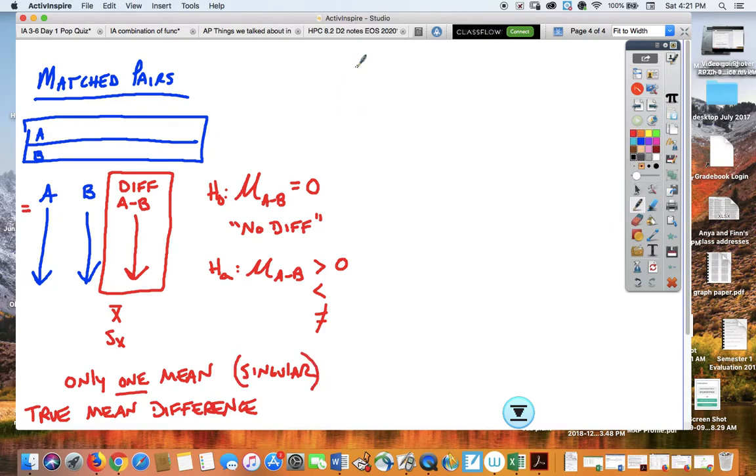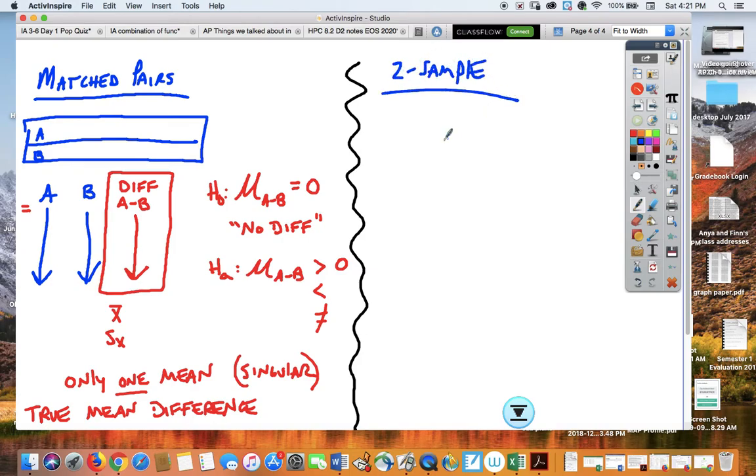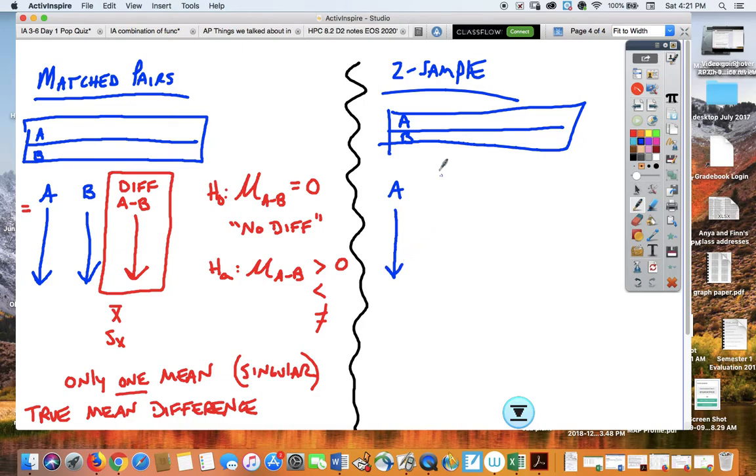All right, let's compare that with a two sample. Okay, two samples going to go over here. You might be given a table again, and in that table you might have A and B. But the difference now is that these are two completely separate groups. So we would be dealing with a mean from each of the lists.